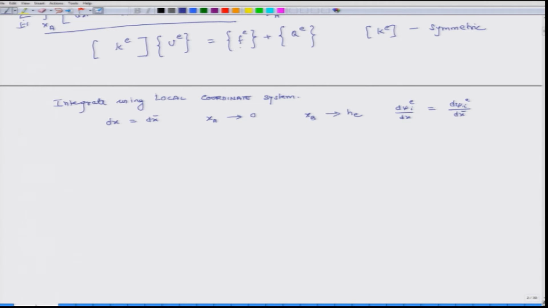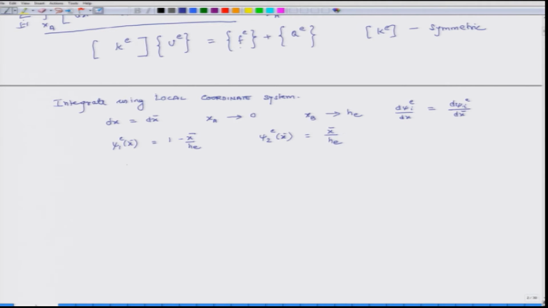Now, in the local coordinate system we know that psi 1 is equal to 1 minus x bar over h e, and this is for the eth element, and psi 2, which is a function of x bar in the local coordinate system, is equal to x bar over h e.